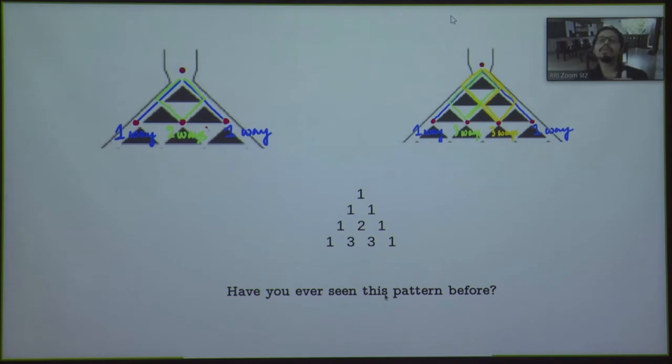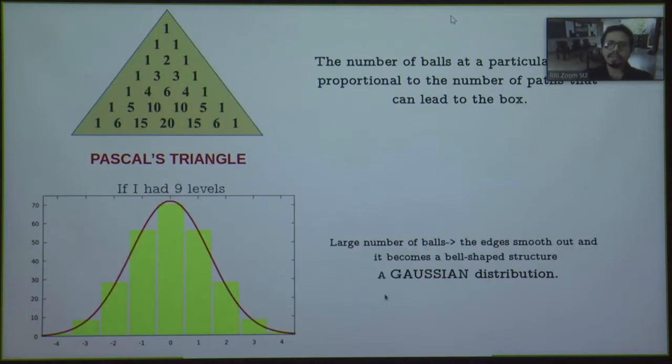As you keep increasing the levels of these triangles, you generate Pascal's triangle, and it goes on. The number of balls at a particular box, if you have a large number of levels, is actually proportional to the number of paths that can lead to that box.